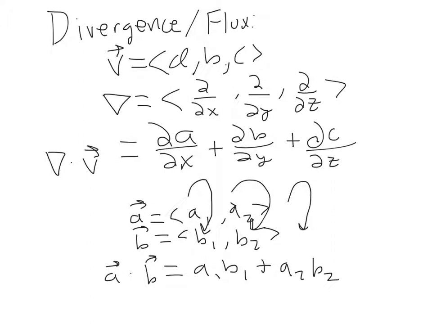So this is very similar to the way the dot product looks, except instead of multiplying the partial derivatives, which have no meaning, by the components A, B, and C, we apply the partial and add up those components.